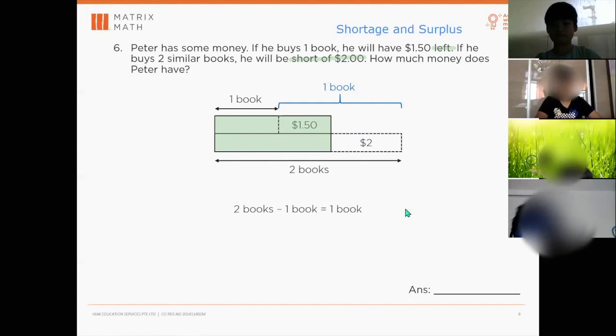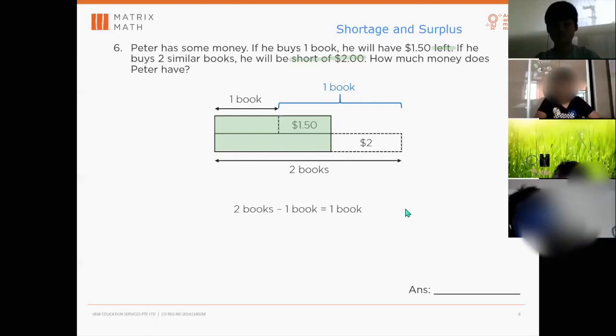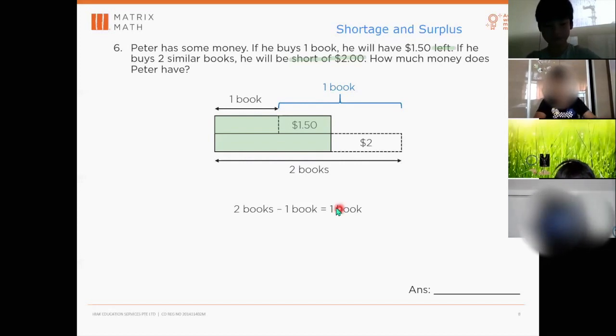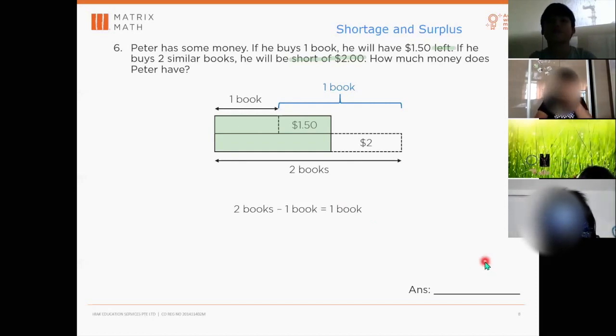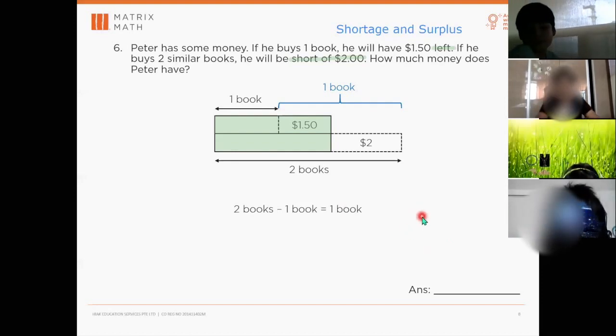Okay, Imran, well done, good. Jongkai, can you tell us how you find the cost of one book? Xavier, correct. Jongkai, come, let me know what you did. Elise, correct.